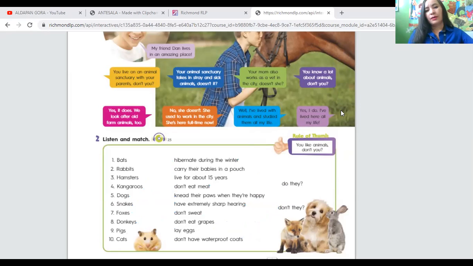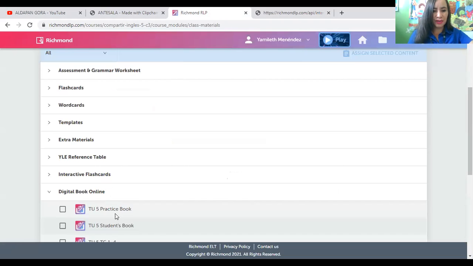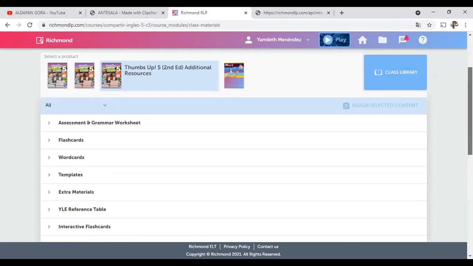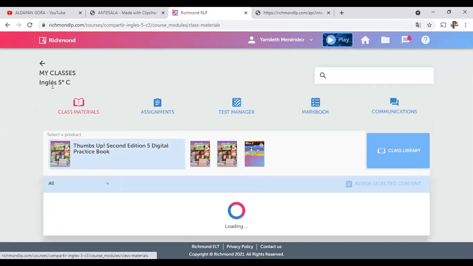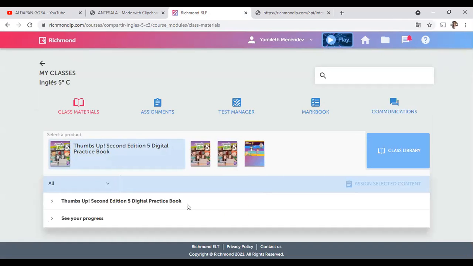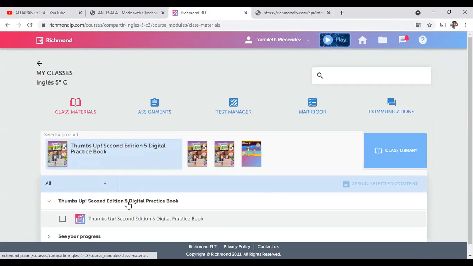I'm gonna close this. Well, this is the activity for page number 37. Now it's time to continue working in our practice book. Practice book, please, everyone. Page number 33. Take out your practice book.